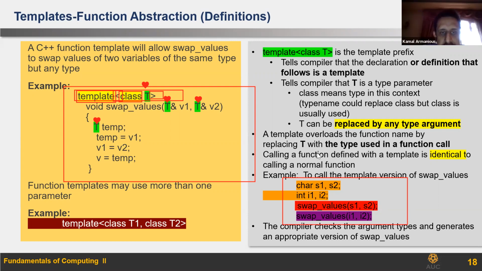Ziyad. Okay, Ziyad. Yes, doctor. Hello. Hi, Ziyad. So assuming that this is the main, Ziyad, let's say it together. Character S1, S2, int I1 and I2. Doctor, I can't hear you. Character S1 and S2. You hear me? You all don't hear me? No, we hear you, doctor.